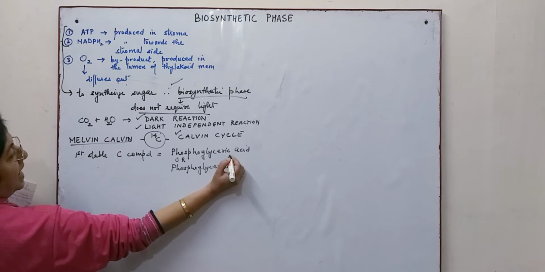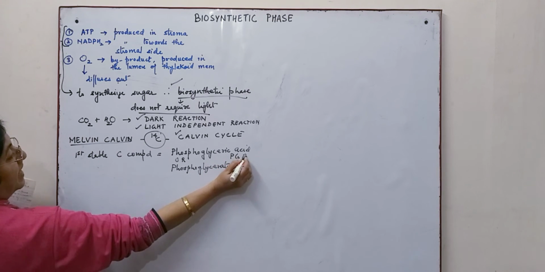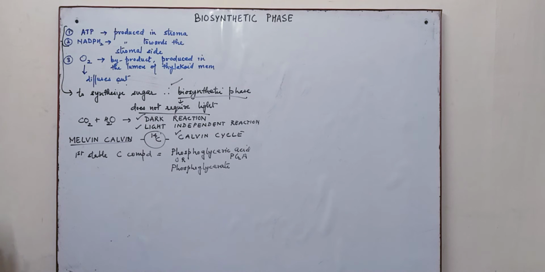It is written as PGA, and it is a three carbon atom compound.